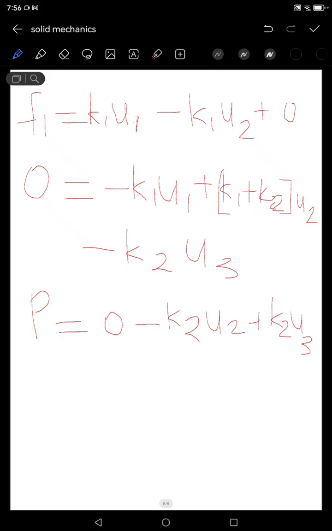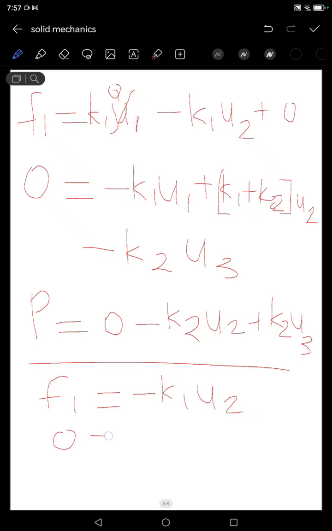Okay, so now we know that our u1 is 0, which means in the first equation this term is going to be cancelled since u1 is 0. So we're going to have f1 equals negative k1 u2 plus 0. And then the second equation, remember u1 is 0, so we're going to have k1 plus k2 times u2, and then minus k2 u3.